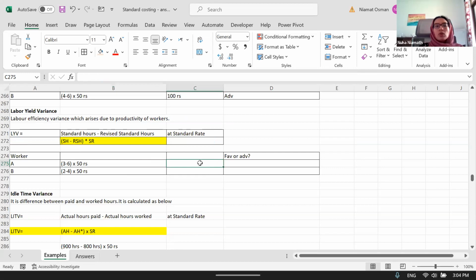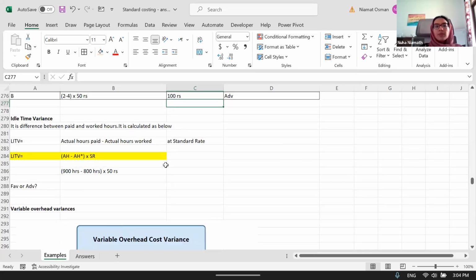So that will be 3 into 50 rupees, which will be 150 rupees. And here it will be adverse because our revised actual is lower. And 2 minus 4 into 50 rupees will be 2 into 50 rupees, which is 100 rupees, which will also be adverse because we have ended up using more. So this is an adverse situation for us.